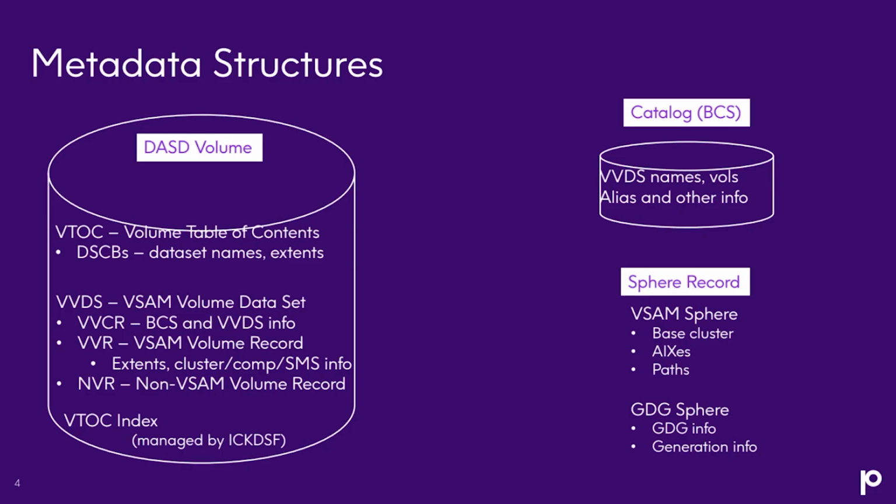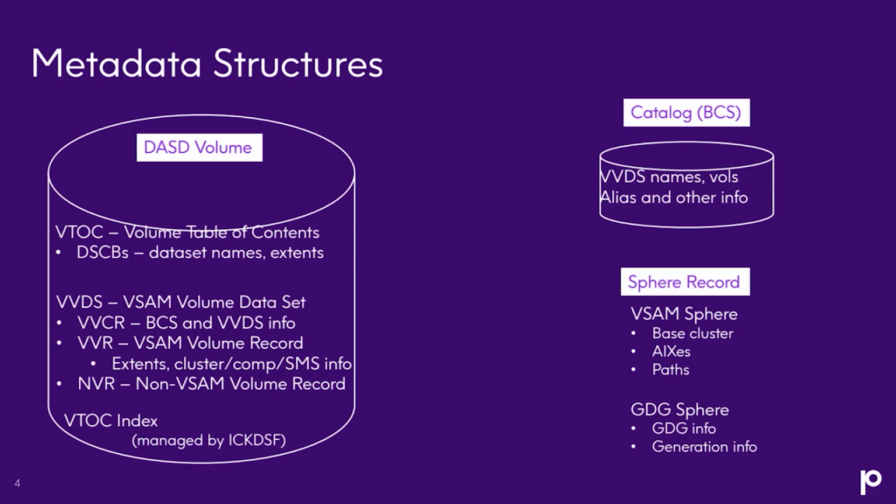When IBM came up with SMS, the non-VSAM volume record, or the NVR, was invented so that we had a place to keep for each data set its SMS class names, the data class, the management class, storage class. And then there are two other structures that are related to things that IDCAMS does: the VTOC, the volume table of contents, which exists on every volume, of course, and has control blocks called DSCBs that tell us for each data set, where does it reside on the volume?